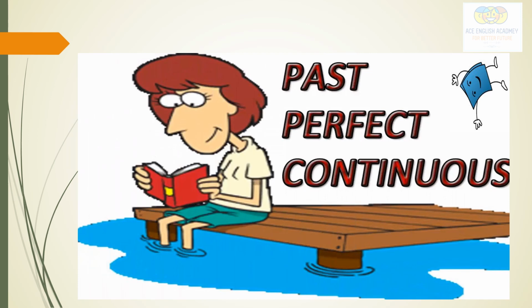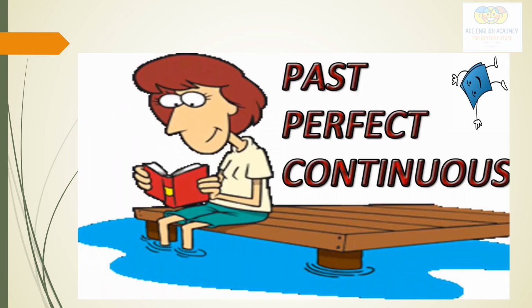For example, let's discuss one example. He had been working at the company for 5 years when I got the promotion. So he had been working. The action started in the past and continued to happen.